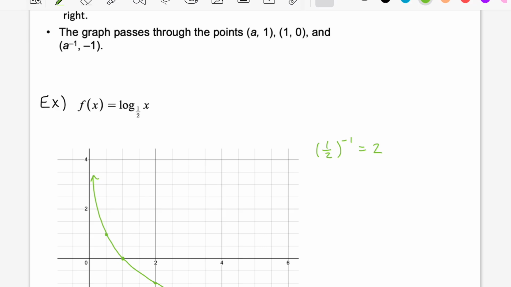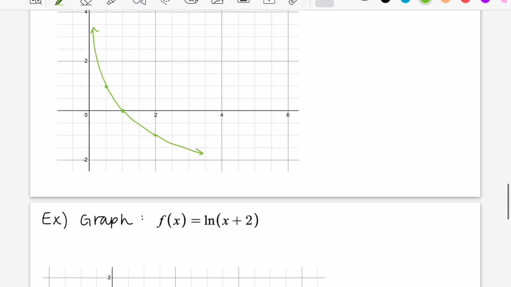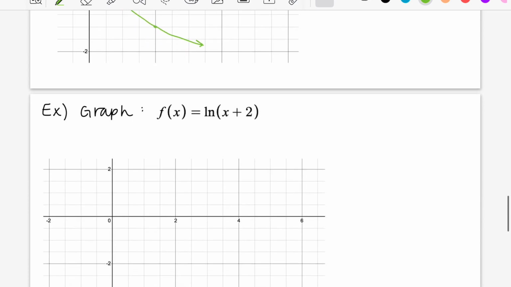All right, let's look at another example. Let's say we want to graph this natural log function. We can see that we have ln of x plus 2, so we do have a graph translation here. We're going to be moving 2 units to the left. But first, remember that we can rewrite this guy in a familiar form. Ln of x is just log base e of x here.